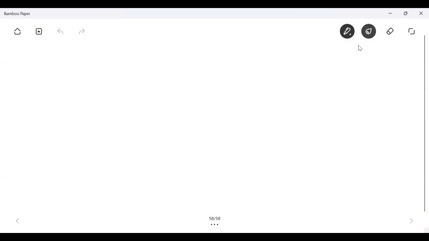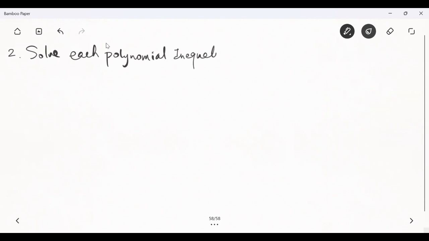Next, we studied how to solve inequality by using number line. Okay, so each polynomial inequality by using number line.